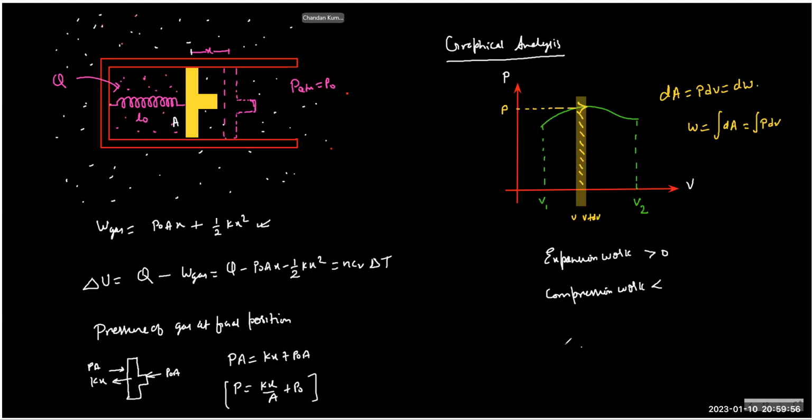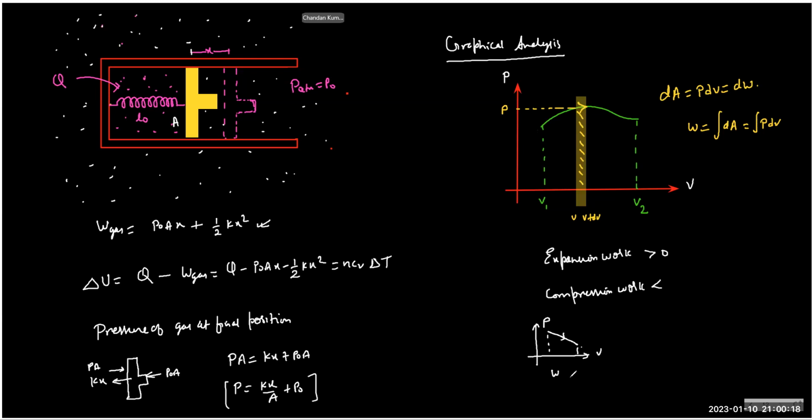Okay. So in graphical, we have a process. In a process, if something is expanding, it is positive, if it is compressing, it is negative. So if I draw a graph like this, tell me, is the work positive or negative here? Positive.